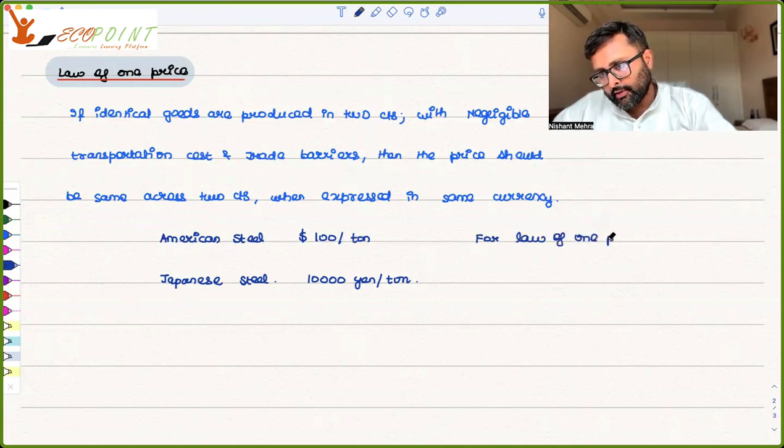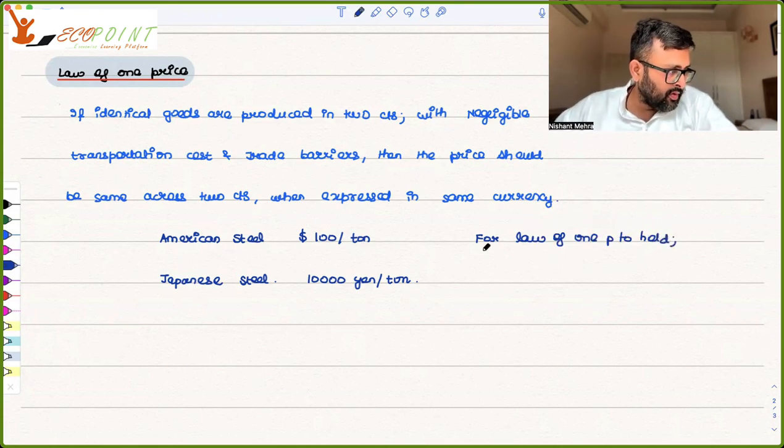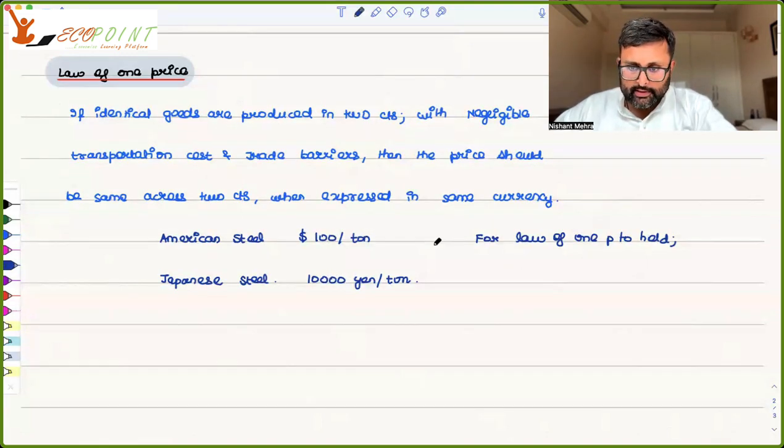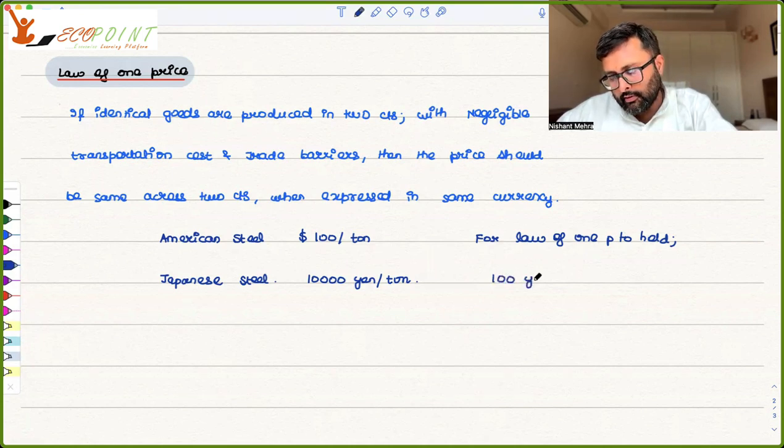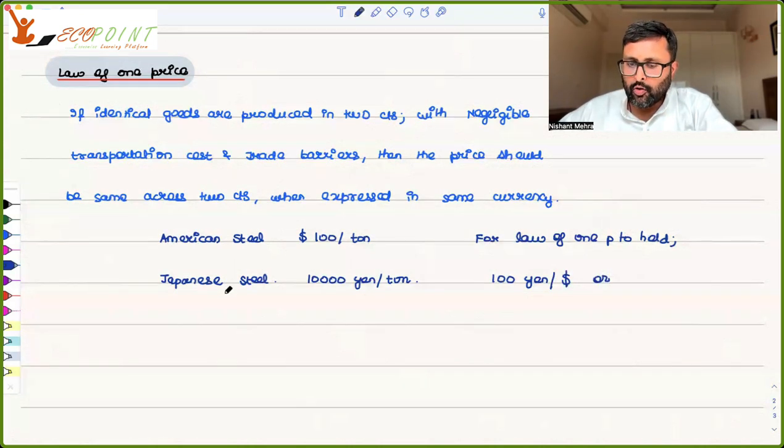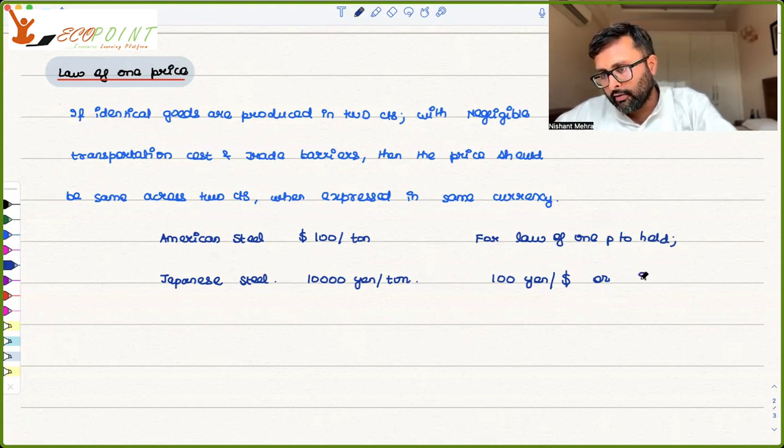It should be 10,000 yen upon $100, that is 100 yen per dollar, or $100 upon 10,000 yen, that is 0.01 dollar per yen.